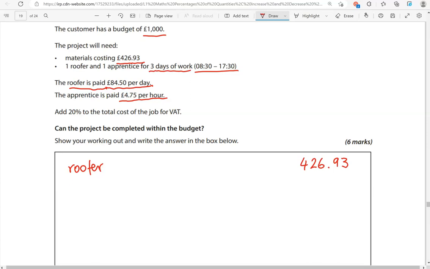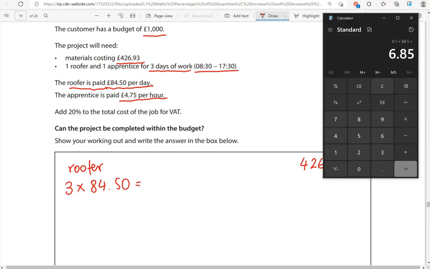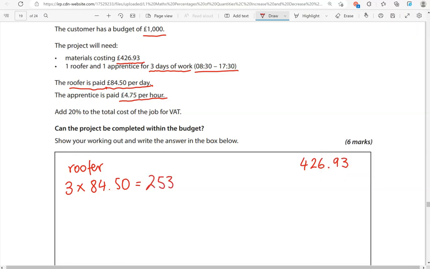So what we're going to do is 3 times £84.50. Which is £253.50. So we're going to add that here.